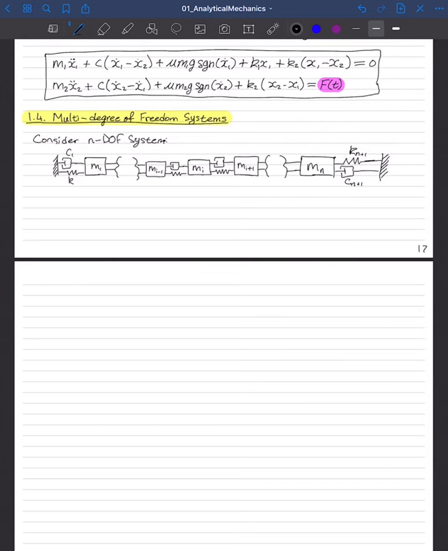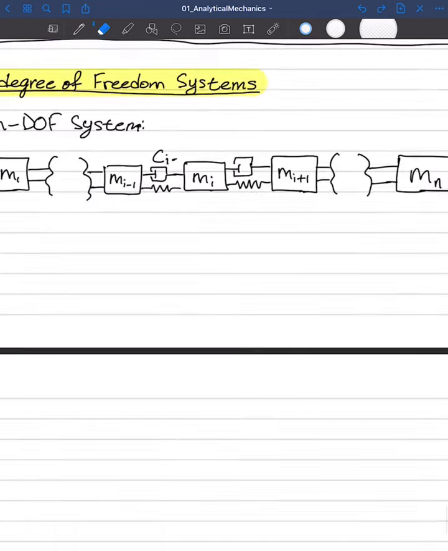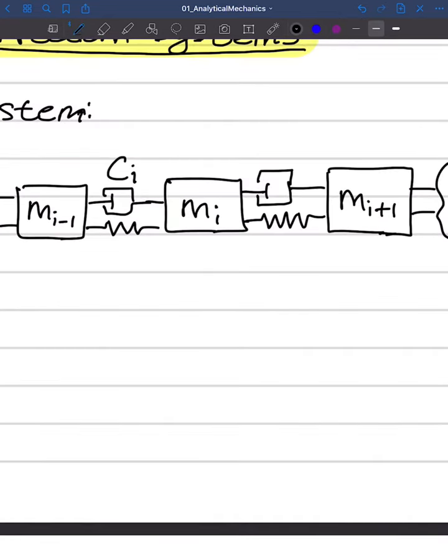Cn plus 1. Okay. And here is Ci minus 1, or actually this is just Ci. I need to zoom in here to erase. This is Ki, Ki plus 1, and this is Ci plus 1.